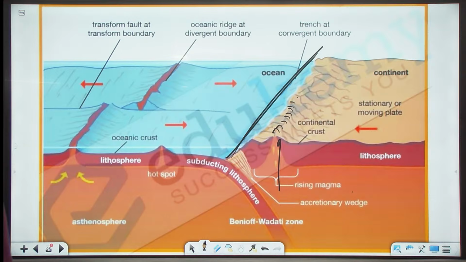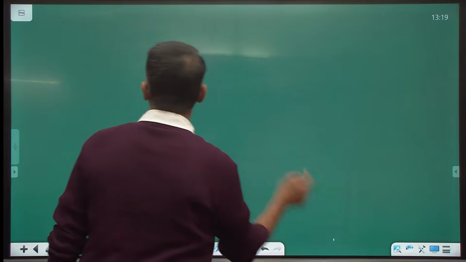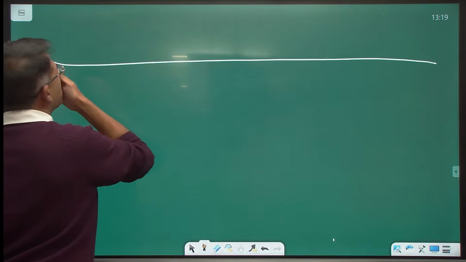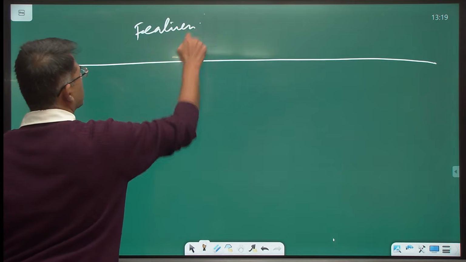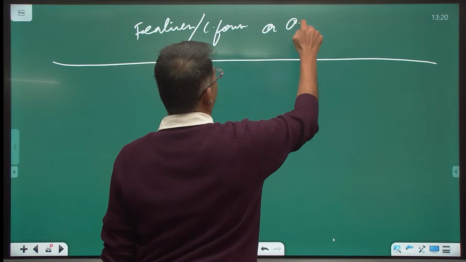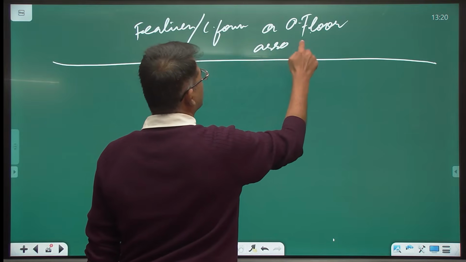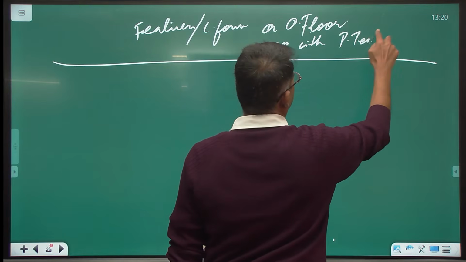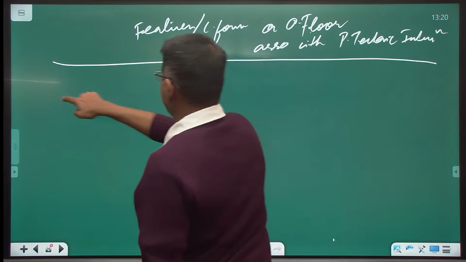Any doubts on this, anybody? So if I summarize this for all of you quickly: features, landforms on the ocean floor associated with plate tectonics interactions.